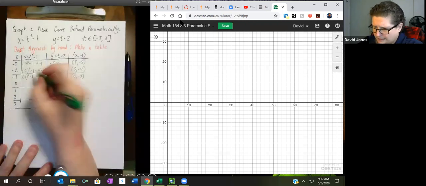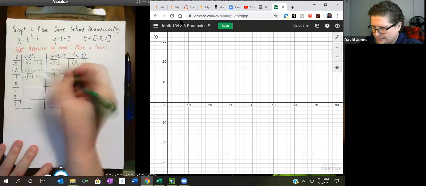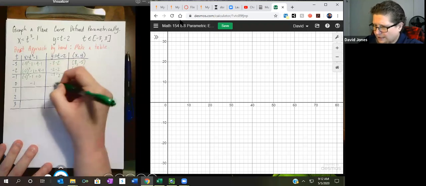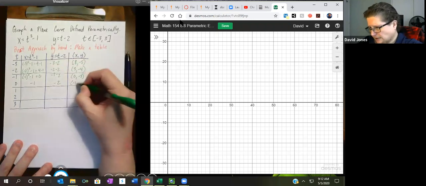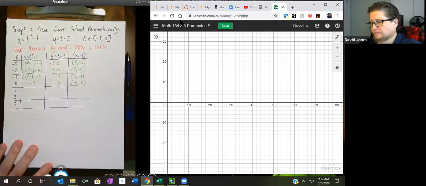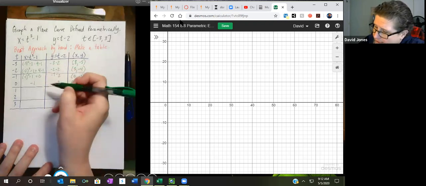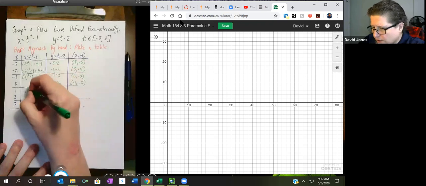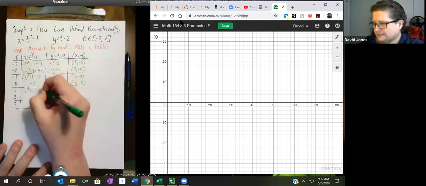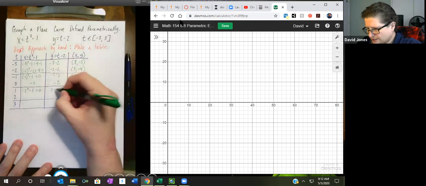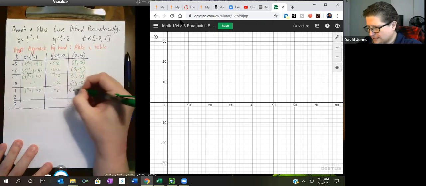If I plug in 0, I just have the constants, -1, -2. And let's see, we plug in 1. 1 squared minus 1 is 0. 1 minus 2 is -1, so we got 0, -1.